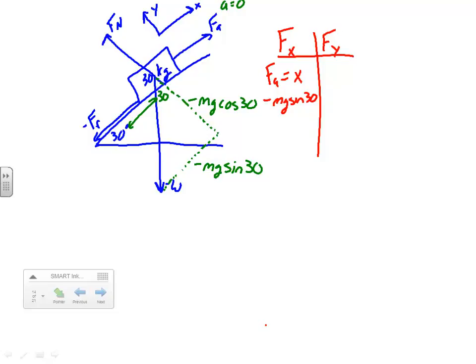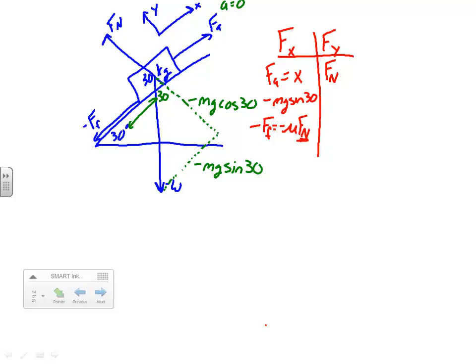Now I also have force of friction. And the force of friction is the coefficient of friction times the normal force. And this right here is why we need to use the y direction. But that's pretty straightforward though.